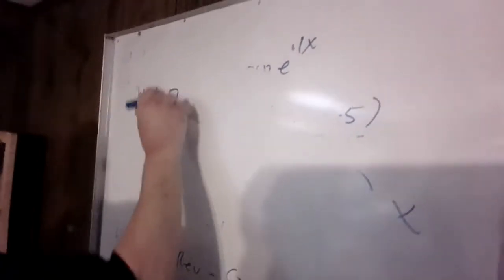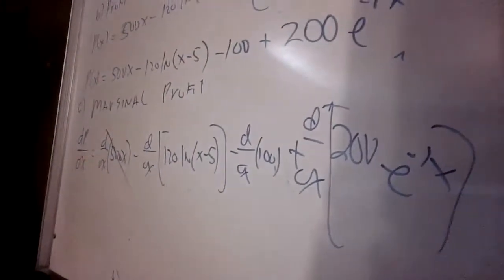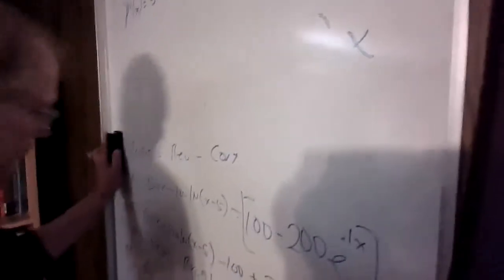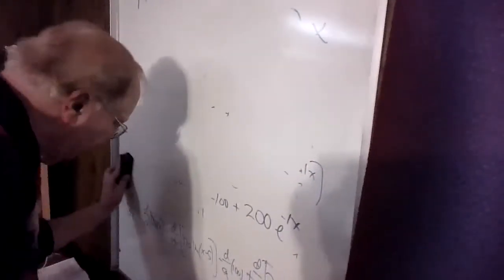So P prime of x equals 500. Now we have the derivative of this term, 120 log of x minus 5. Okay, well, let's look at the log rule for derivatives. So let's erase this, since I already have this.